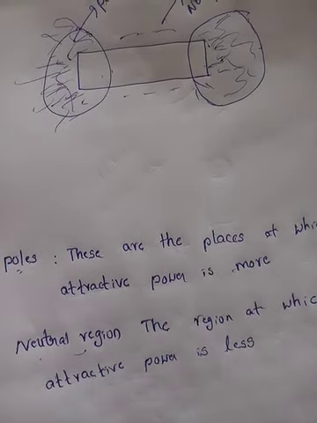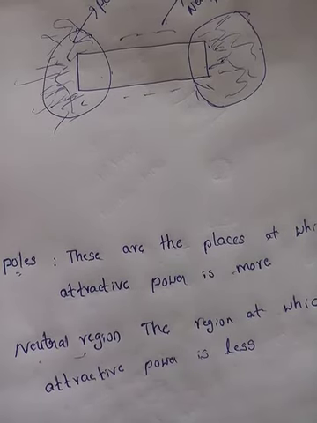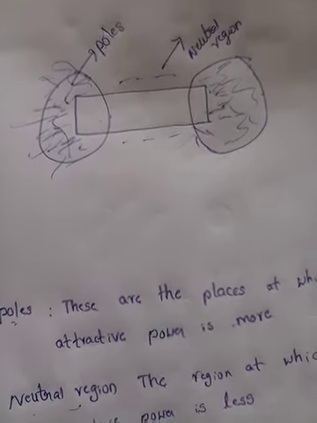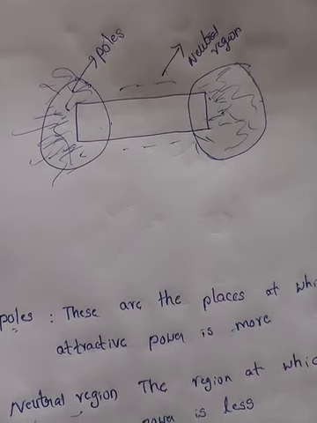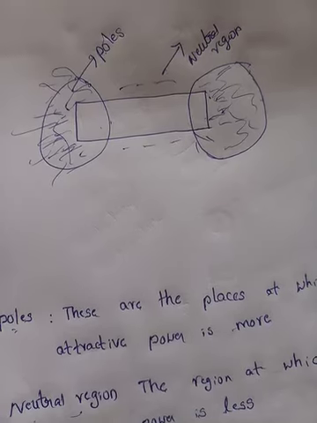It is called what? Neutral region. Now, which is the north pole and which is the south pole? Because we have two poles now. Now, we can use which property? Directive property.